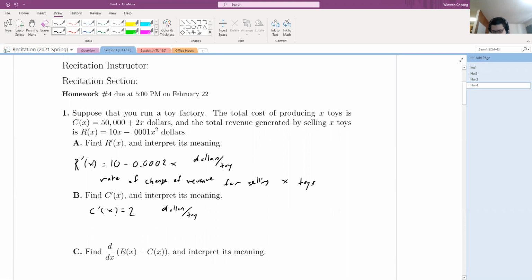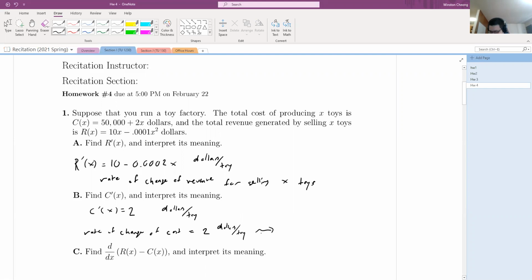We can say a little bit more for this one. So the rate of change of cost, since this is a constant, we can just write this as being that constant. So $2 per toy.